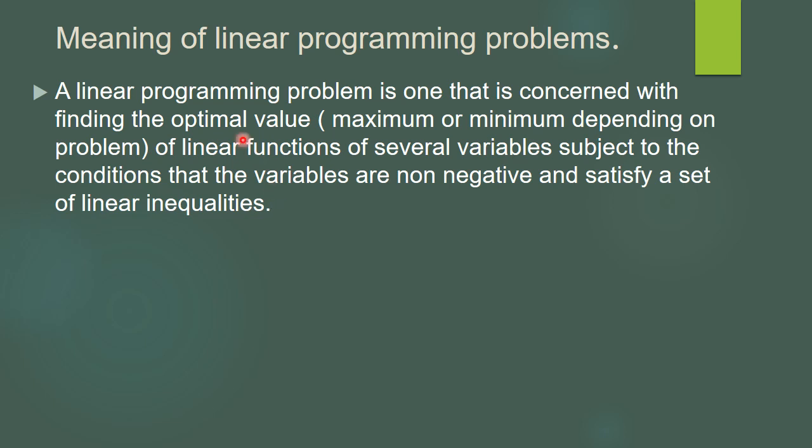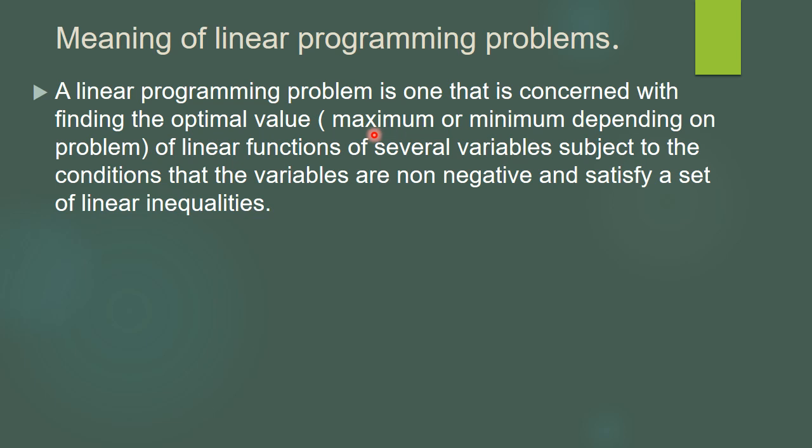Now, this is a programming where we are getting one function that is a linear function and consists of several variables. This is an optimal value because optimal depends upon the question. Sometimes we have to find its maximum value, sometimes its minimum value. That depends upon the question.